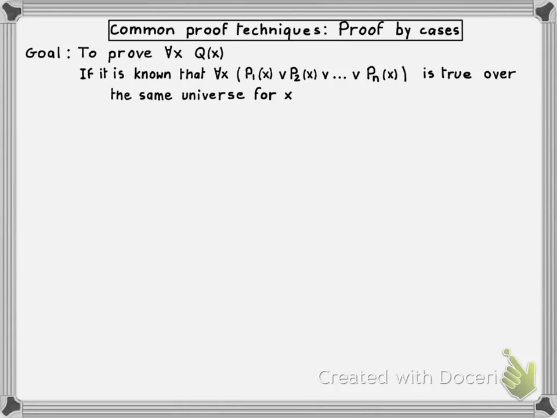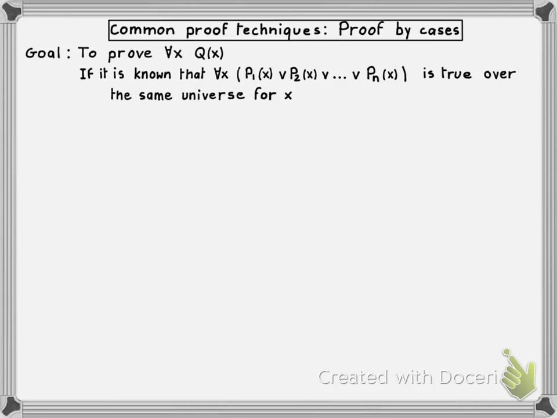In other words, we're going to take one case assuming that p1 of x is true, and from that we're going to try to prove q of x, and then a second case where we assume that p2 of x is true, and we try to prove q of x, and on until we assume pn of x is true, and we try to prove q of x. Because we know that for any element in the universe, at least one of these predicates must be true, we know we've covered all of the possibilities with the proof by cases.